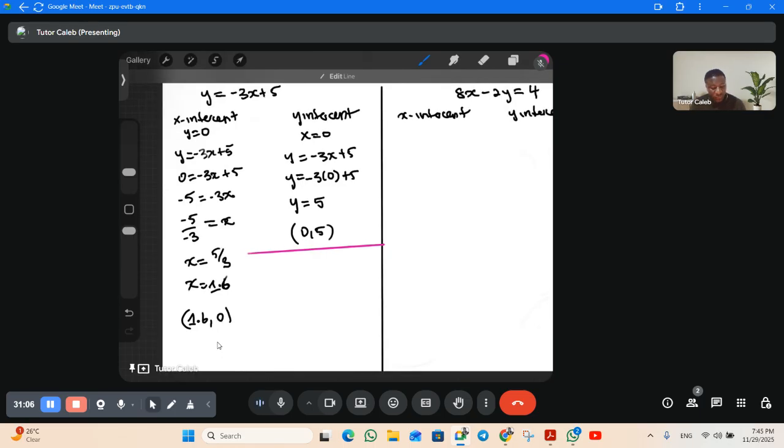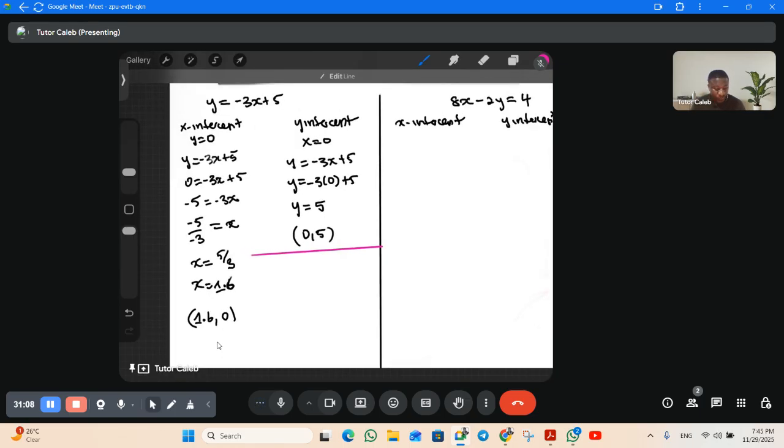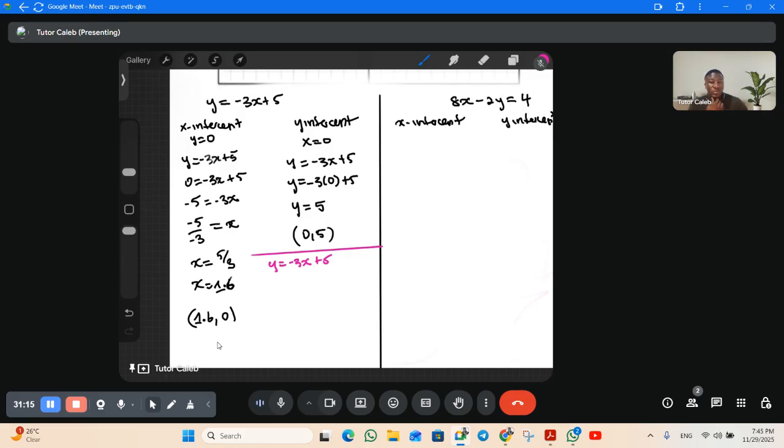Remember that I've given you the equation y equals minus 3x plus 5. I could choose a value of y to be, let's say, negative 1. If I say y equals negative 1, I want to find another point on the straight line, but that is not the intercept.